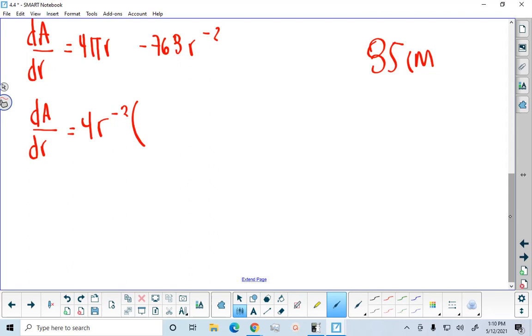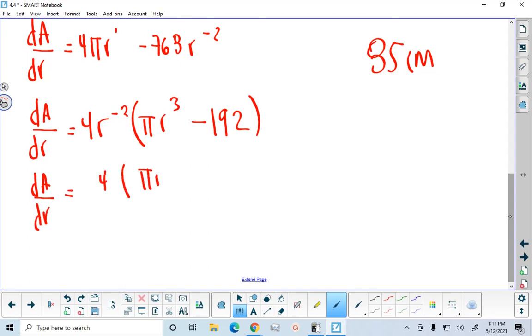Well, I take out the 4 and I leave the pi, and I take r to the negative 2 out of r to the 1, which will give me r cubed, minus I take 4 out of 768 and get, I need some help here, I believe you get 192, and it is 192, thank you, Dan. And I took out the r to the negative 2. So my derivative dA/dr is equal to 4 times pi r cubed minus 192 over r squared.